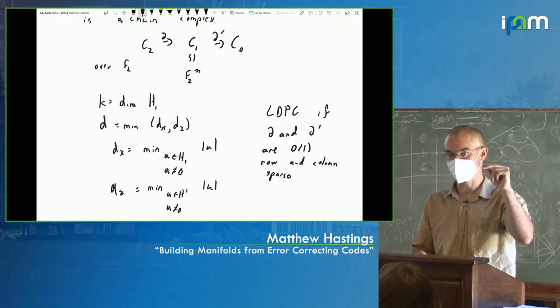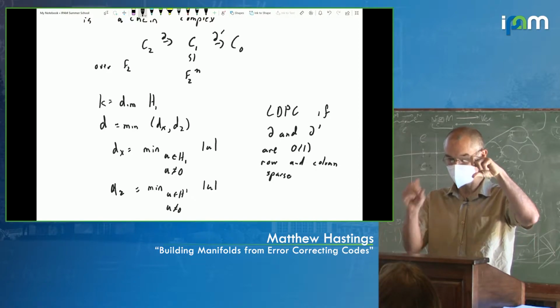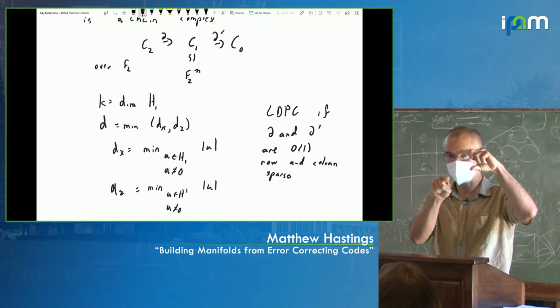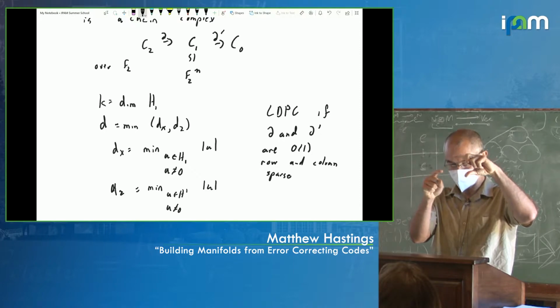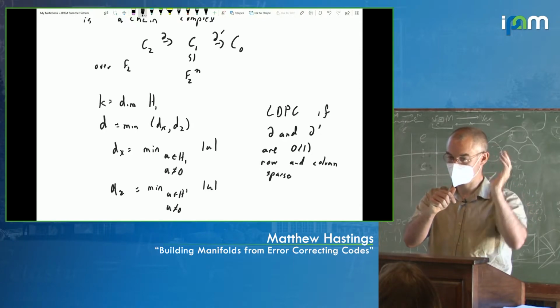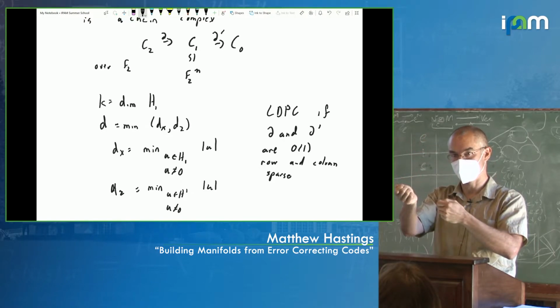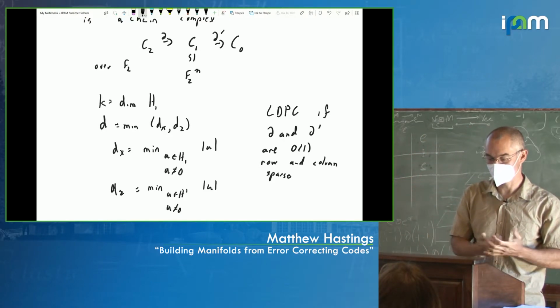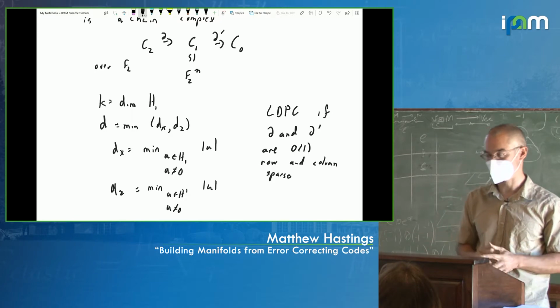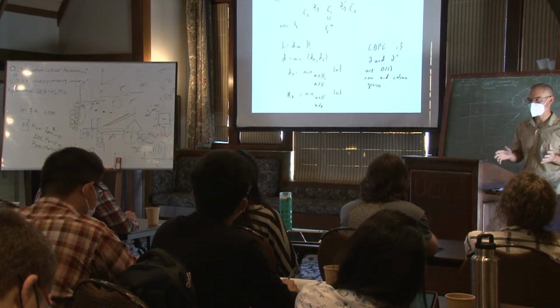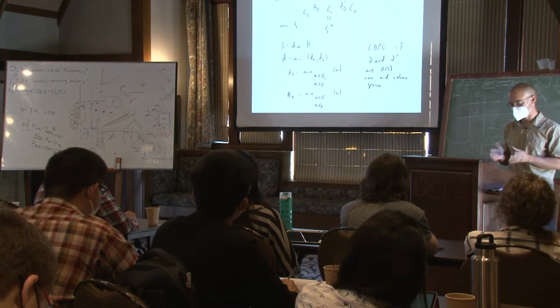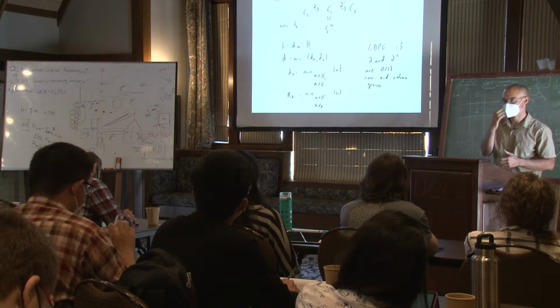I think with the convention I have here, maybe I have it the other way around. I'm confused which one I'm calling X and Z. And then there's an entry if a particular qubit participates in a particular check. And the same way for grad, the rows correspond to qubits and the columns correspond to checks. And again, there's a 1 if a qubit is in a particular check. So those matrices encode the checks. So row and column sparse is another way to say every check involves only a few qubits, and every qubit is in only a few checks.